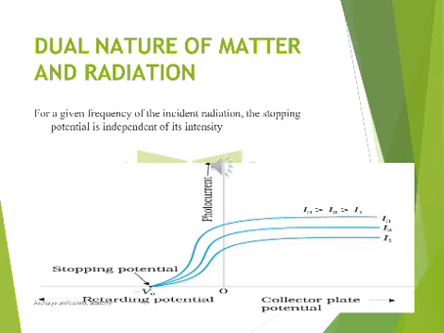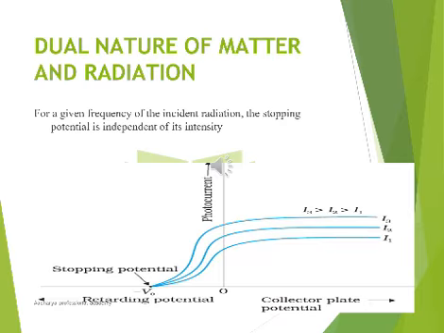For I1 the photocurrent has some value, for I2 the photocurrent increases, and for I3, when we increase the intensity, the photocurrent increases. That is the first inference: for a given frequency, if we increase the intensity, then the photocurrent increases. That is what we have analyzed on the positive side.